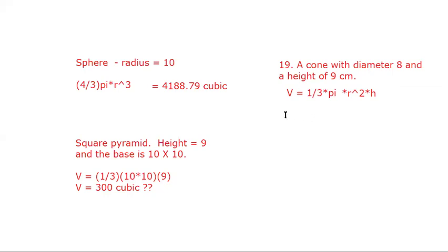No. They gave you the diameter, so you're going to have to convert that. So it's 1/3 times pi times r squared, and the radius is 4, so that's 4 times 4. If you don't want to do that in your head, just put 4 times 4 in there, times your height, which is 9. Put all that in your calculator and you will have the volume on number 19. Okay? And that pretty much sums up the volume.